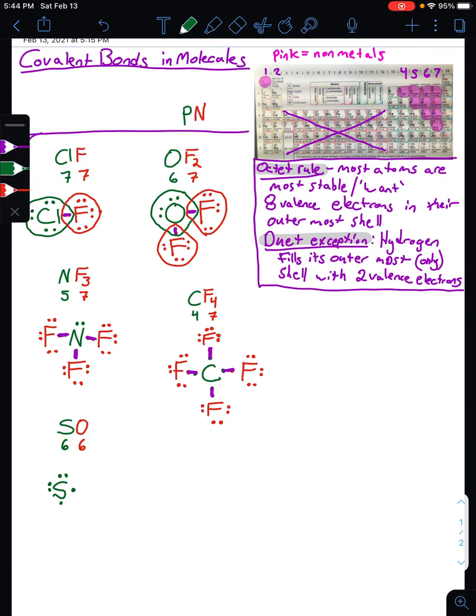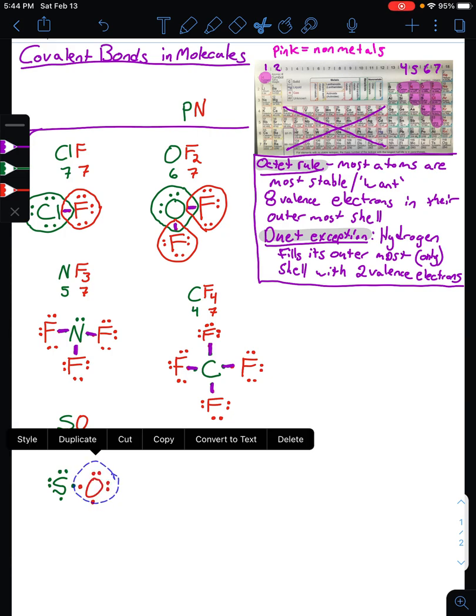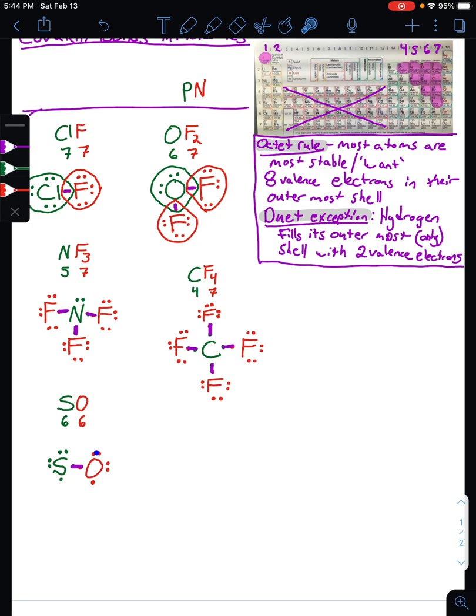Let's go oxygen. 1, 2, 3, 4, 5, 6. Well, we can do what we've done before. Move the oxygen in, replace the 2 dots with 1 solid line, but do our accounting. And we've got 2, 4, 6, only 7.